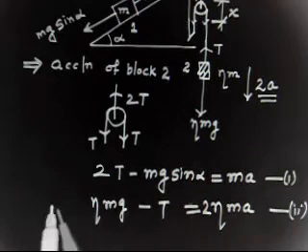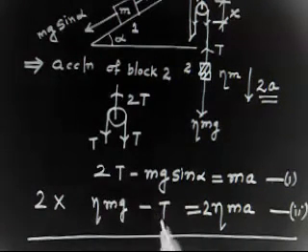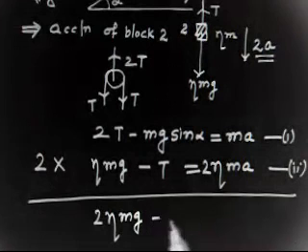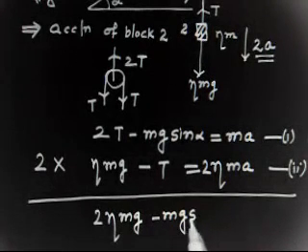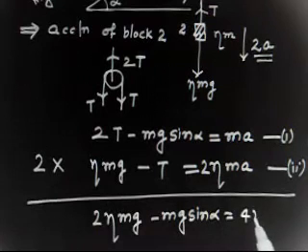So what can I do? I can multiply this equation by 2 and then add. So this tension 2T goes out, so we will have 2 eta, I think you are able to see, mg minus mg sin alpha. So this will be 2 into 2, 4 eta m.